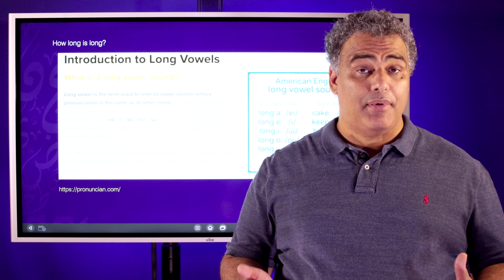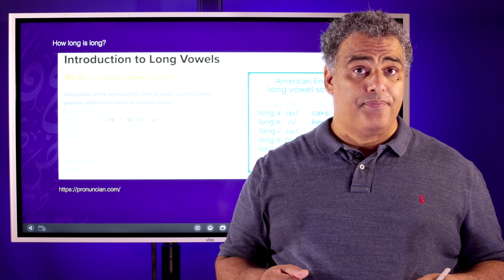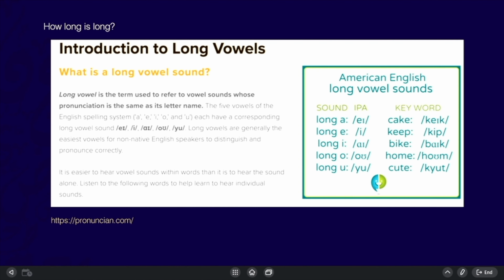Now, it is very important for us to take a second and think of short versus long vowels as they are processed by English language speakers. As English language speakers, you learned that a word like cake includes the long vowel A, whereas hat is a short vowel for A. A in hat, and A in hate.